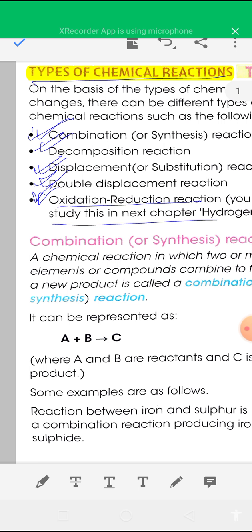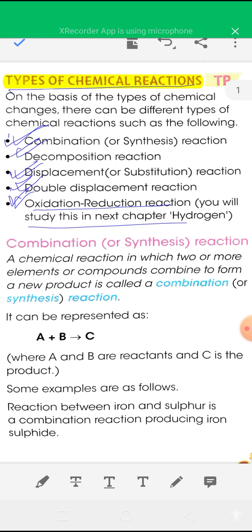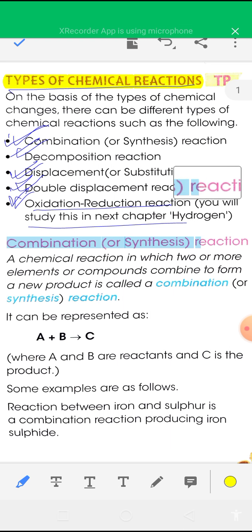So the first type of chemical reaction is combination. It is also called synthesis reaction, synthesis or combination reaction. What is a synthesis reaction? It is a chemical reaction in which two or more elements or compounds combine together to form a single, new product.